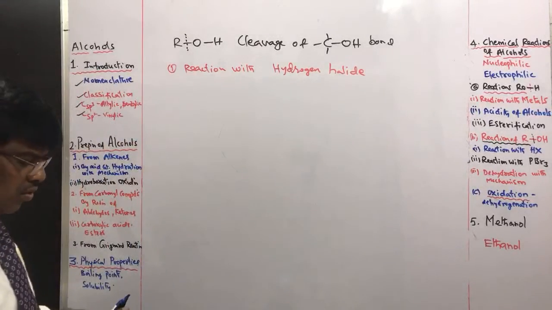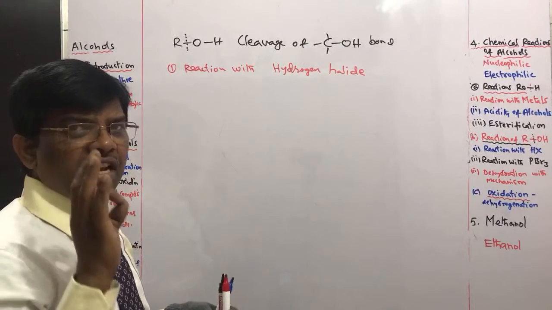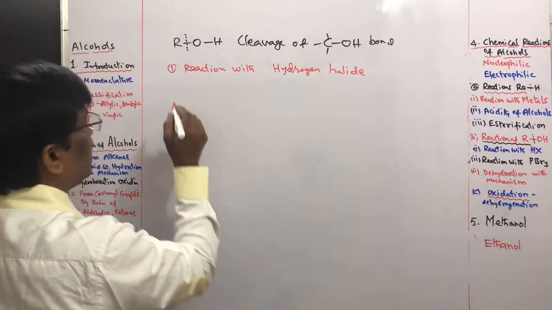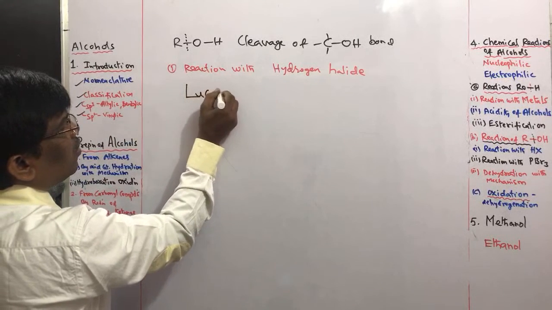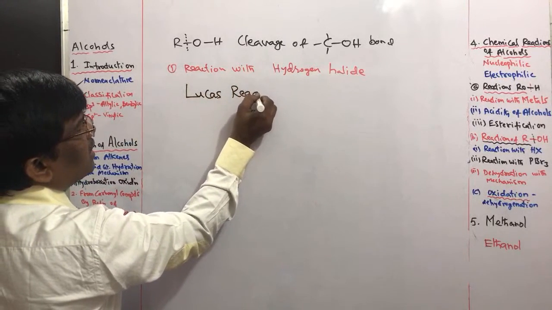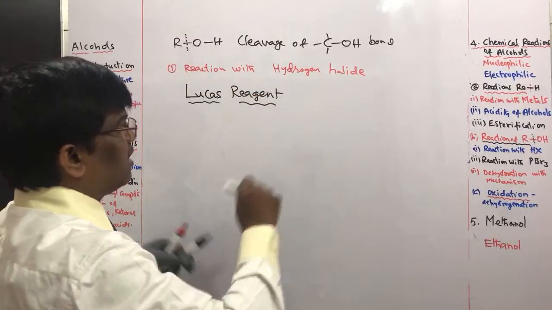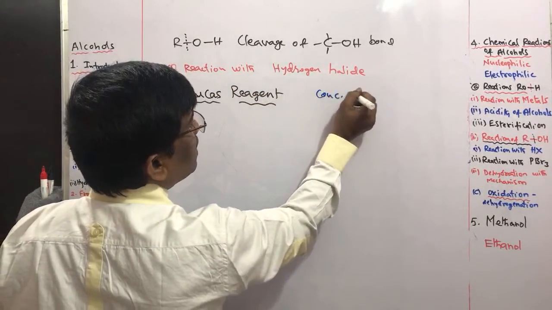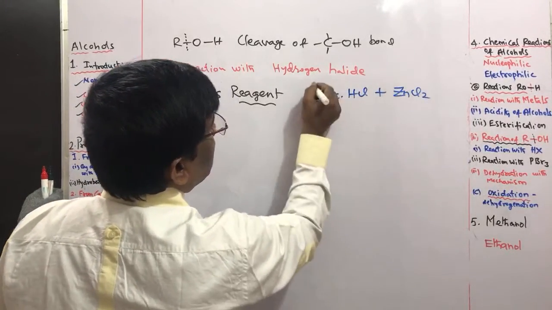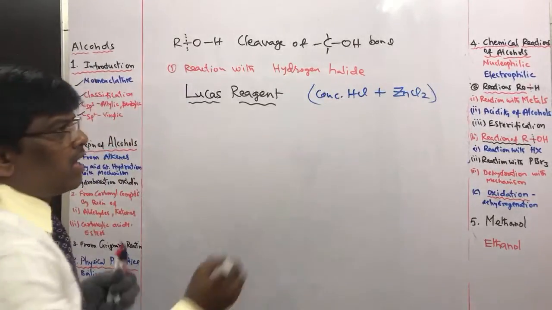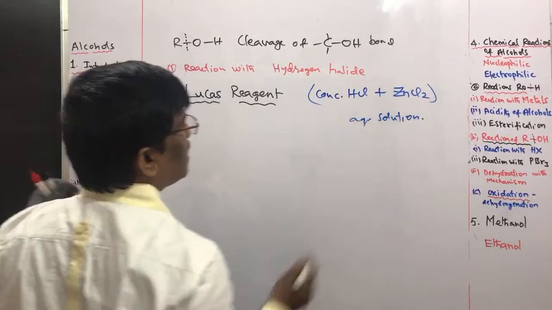Yes, students. So for hydrogen halides, the important reaction or the distinguishing test is the use of Lucas reagent. Lucas reagent. It is very important, students. Lucas reagent. What is a Lucas reagent? Concentrated HCl plus zinc chloride. Yes, aqueous solution is known as Lucas reagent.